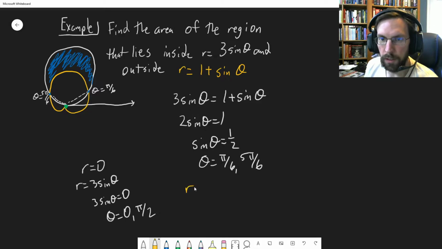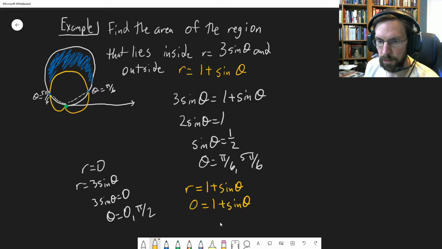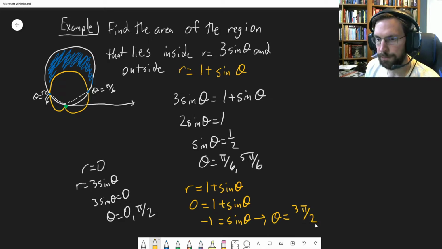Alternatively, on the yellow curve, the 1 plus sine theta, if we set this equal to r equals 0, then sine theta is equal to -1, which then means that theta is equal to 3 pi over 2.